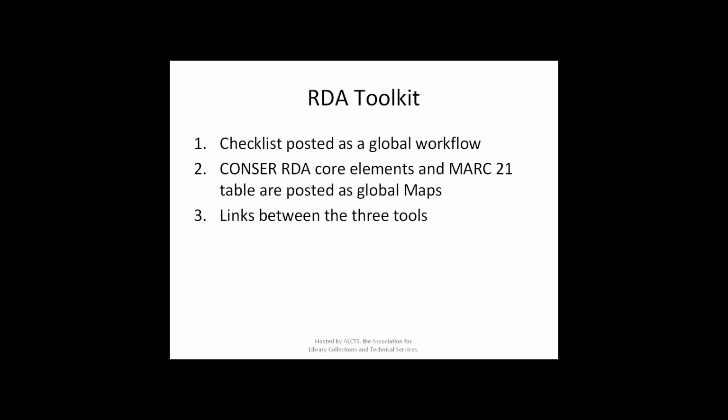The two core element sets are posted as global maps, so you should be able to find them there. And the checklist is posted as a workflow. It's amenable to being a workflow and is similar to some of the workflows that are already there. The workflow itself links out to the core element set, and there are links between the tools. So it's available on the CONSER website and also in the RDA Toolkit.